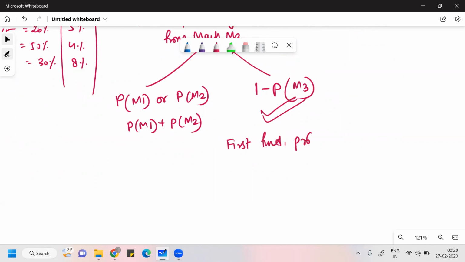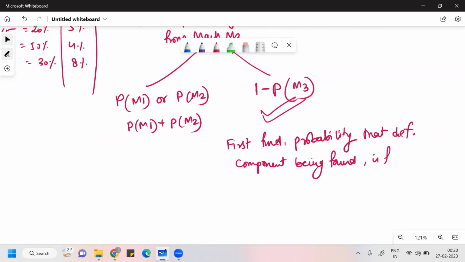What is the probability that the defective product is from machine M3? You got a defective component. What is the probability that it is from machine M3?